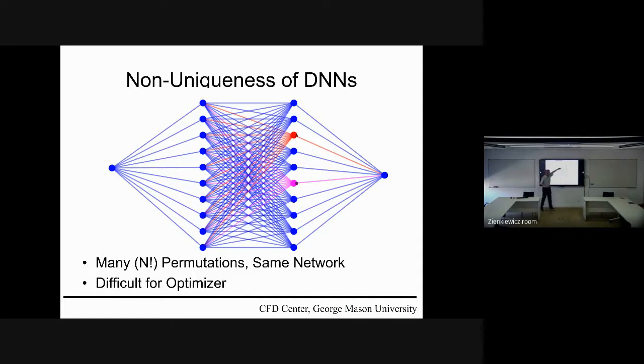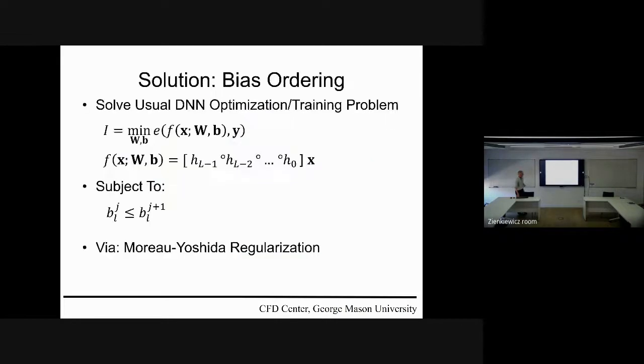Well, at least n factorial. So if I have 30 of these per layer, 30 factorial is a very large number, and I have that for each layer. If you're not careful, your optimizer is dancing around trying to get one of these 30 factorial equally good solutions. It's a very tough problem for an optimizer.